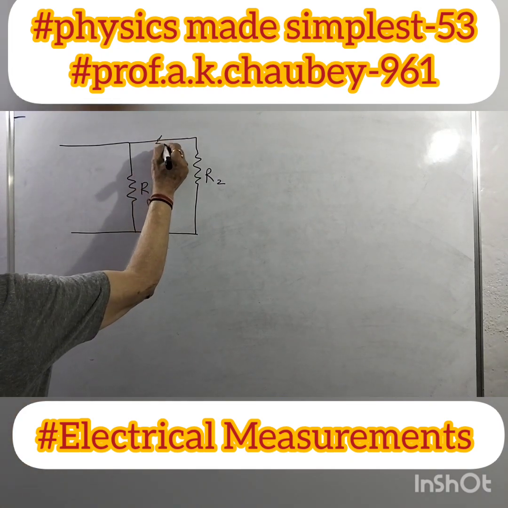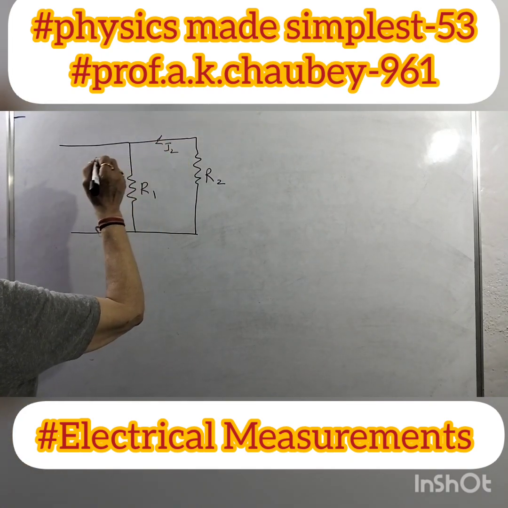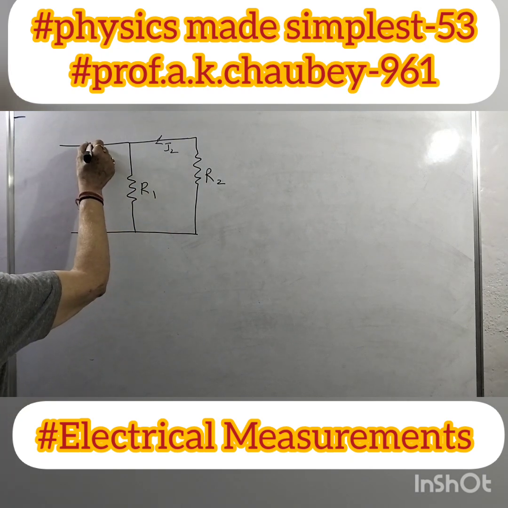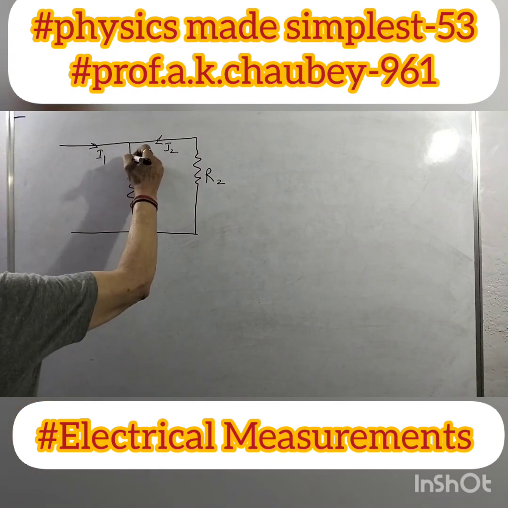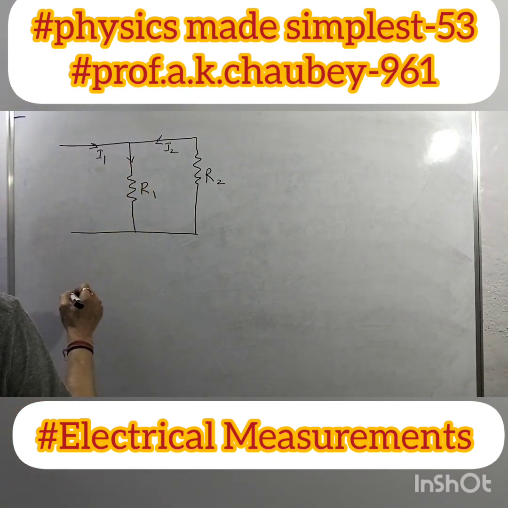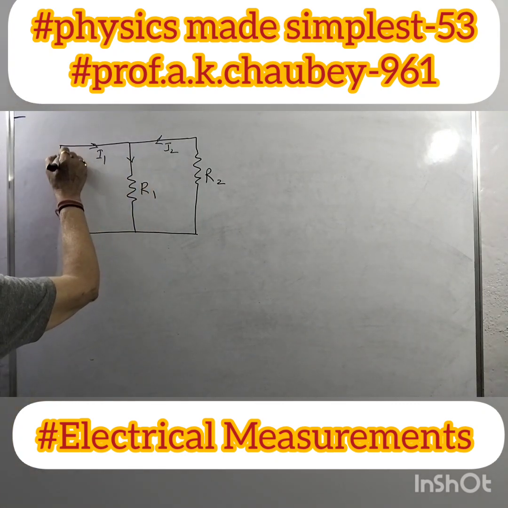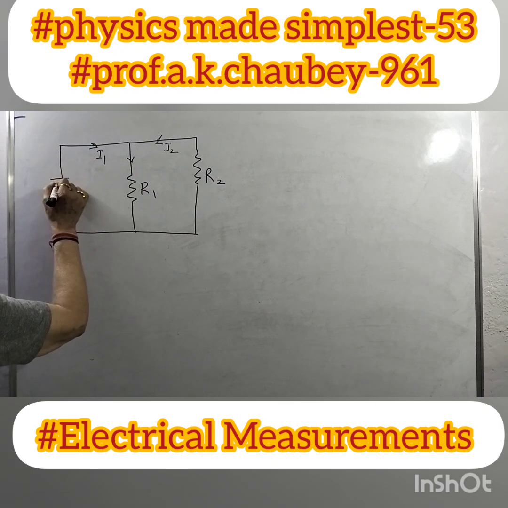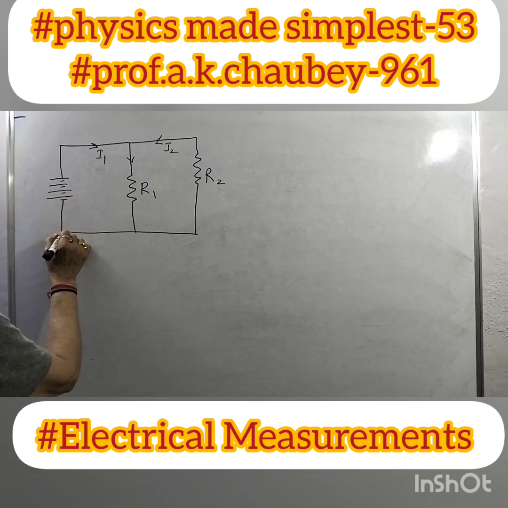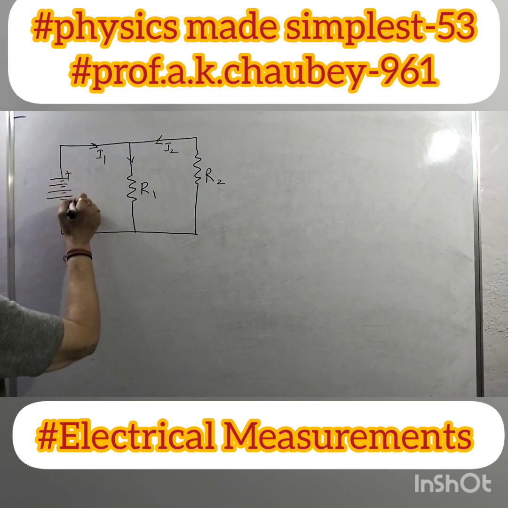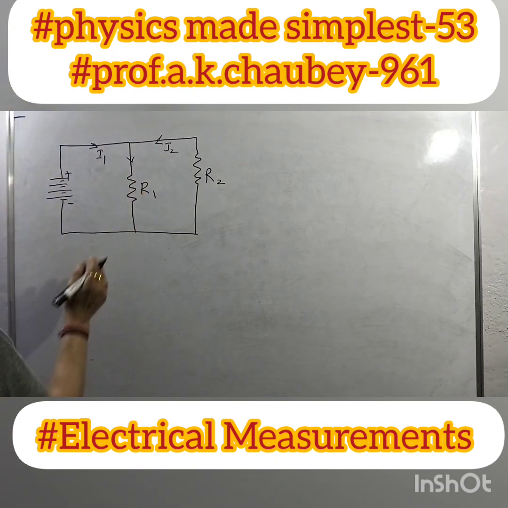There is a current, say I2, in this branch, a current, say I1, in this branch, and a current here, and a battery source here, plus and minus. So this end is the plus, this end the minus, so current going like this.